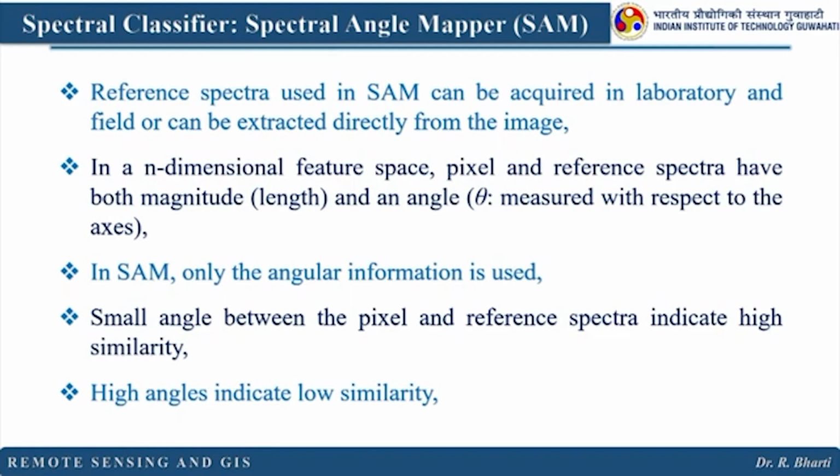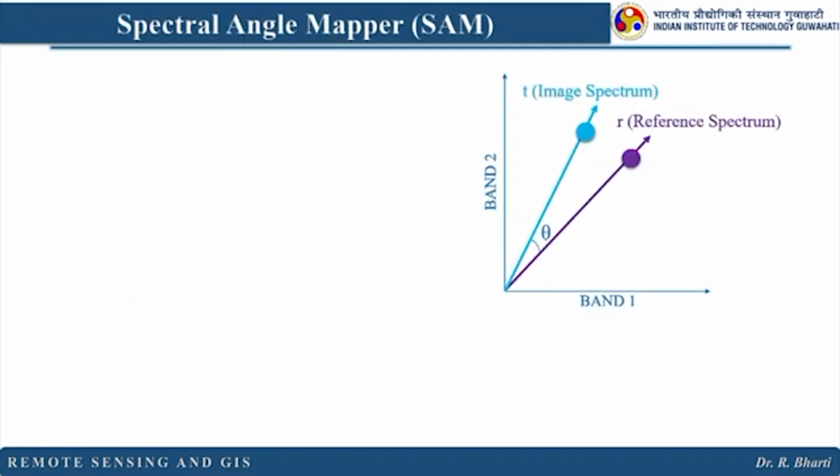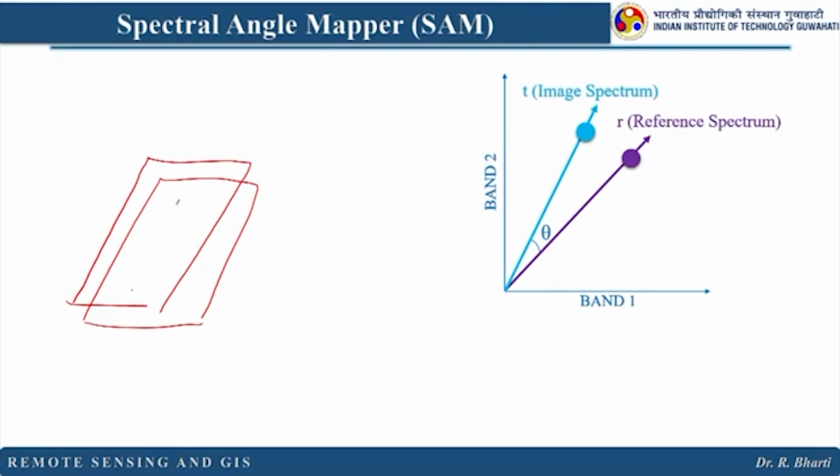If they are having a very low angle, that means they will have similar behavior. So here I want to just highlight, if this is the image, and just remember I am talking about this hyperspectral data, where this dimension is, let us say, 200 bands.